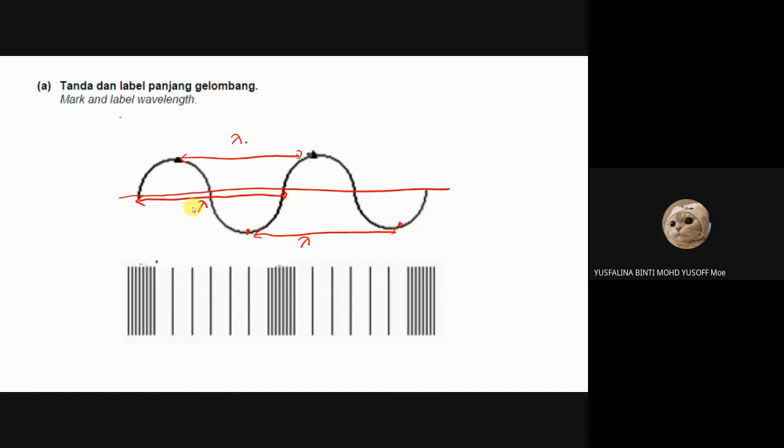For the longitudinal wave, from here to here is called 1 lambda, from compression to compression, and from here to here is also 1 lambda. This is for the transverse wave, and this is for the longitudinal wave.